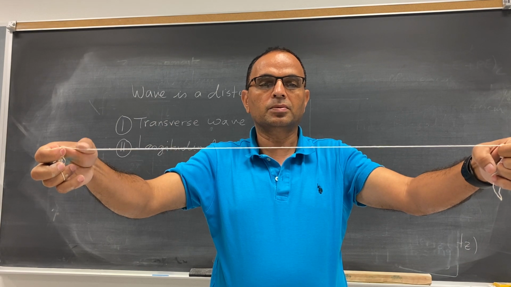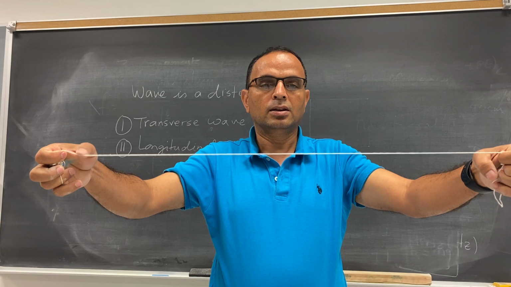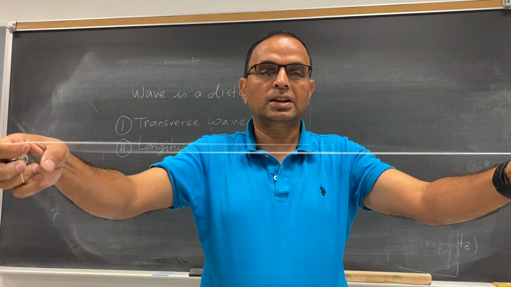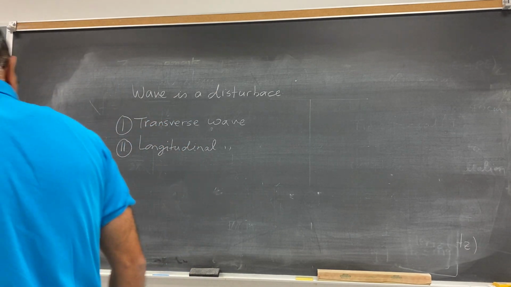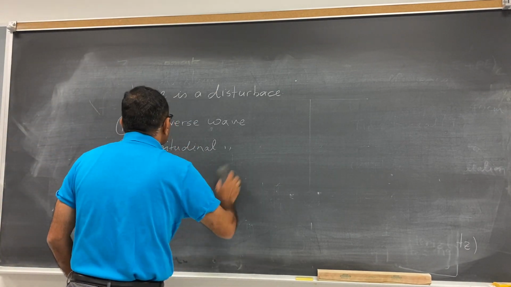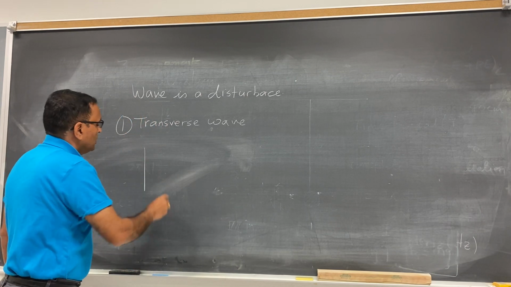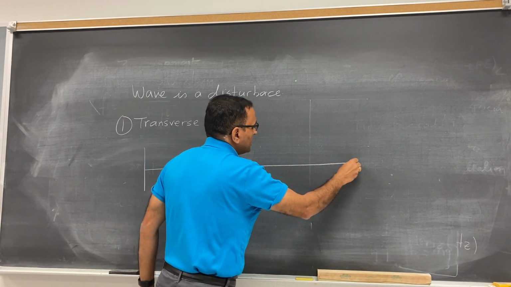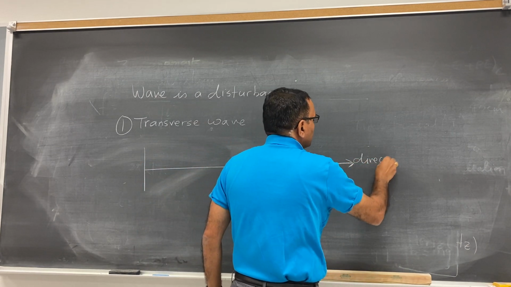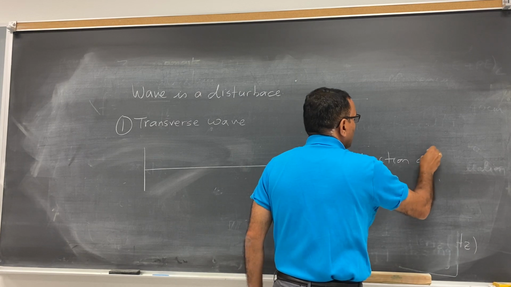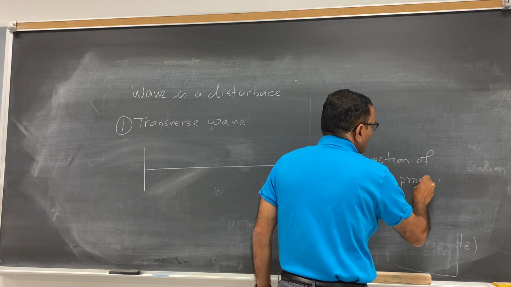This is a transverse wave. So what is a transverse wave then? Let us suppose the wave is propagating in this direction. This is the direction of wave propagation.